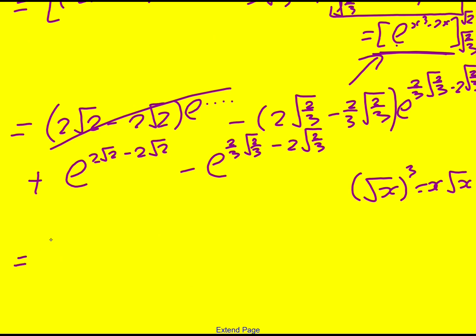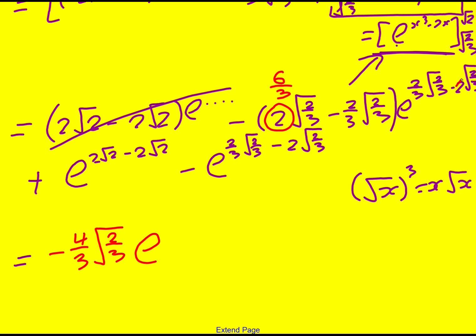Okay, it's quite a lot going on here. Let's bring it together. So 2 can be written as 6 over 3, meaning that I'll get 6 over 3 lots of root 2/3 minus 2 over 3 lots of 2/3. That's going to be 4 over 3 lots. But then I've got a minus there, so it's going to be minus 4/3 root 2/3 e.